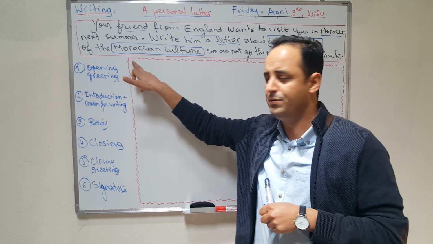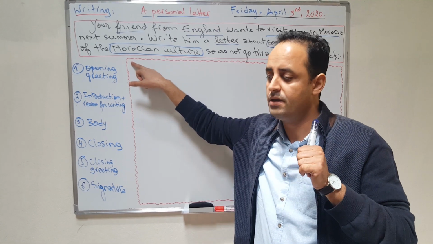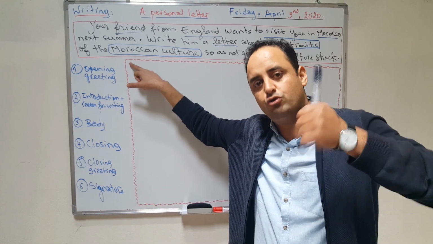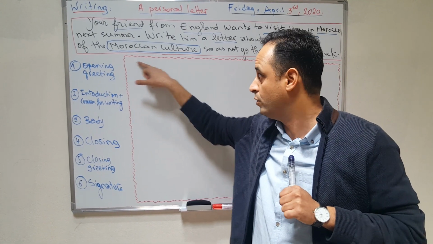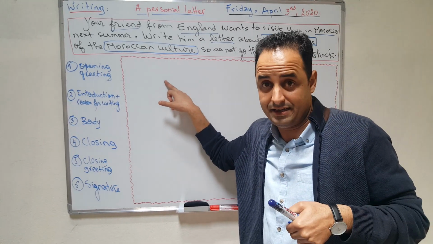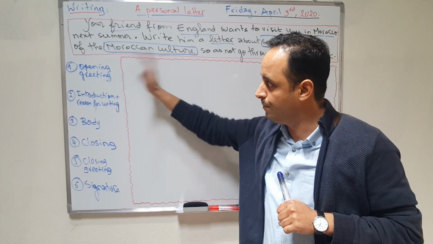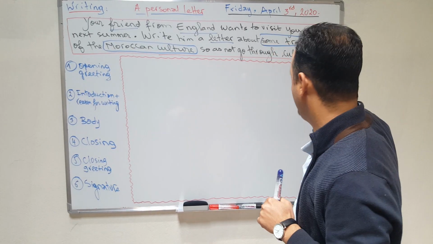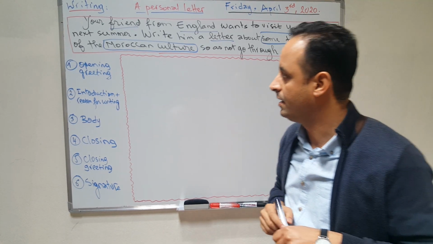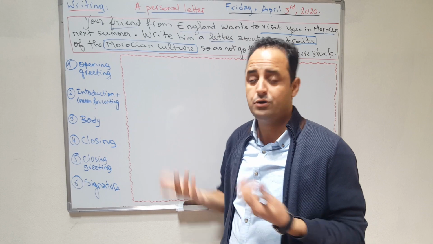Great. So the first element is opening greeting. Of course, you can write the address of your friend on the top here. Then below, the date, today's date, and after that you can write it either here on the left side or on the right side. Either is accepted. Right, the first one is opening greeting. What can you say in opening greeting?